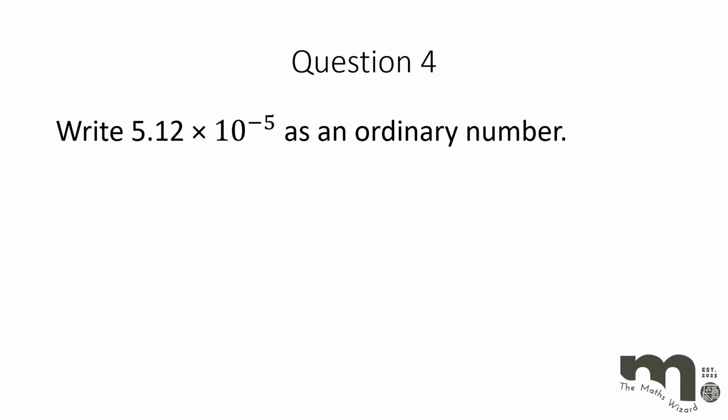Okay. Here is your next one then. So once again, pause your video, have a go. Okay, so first of all, we're going to pop those zeros at the start again, and we're going to go 5 times to the left.